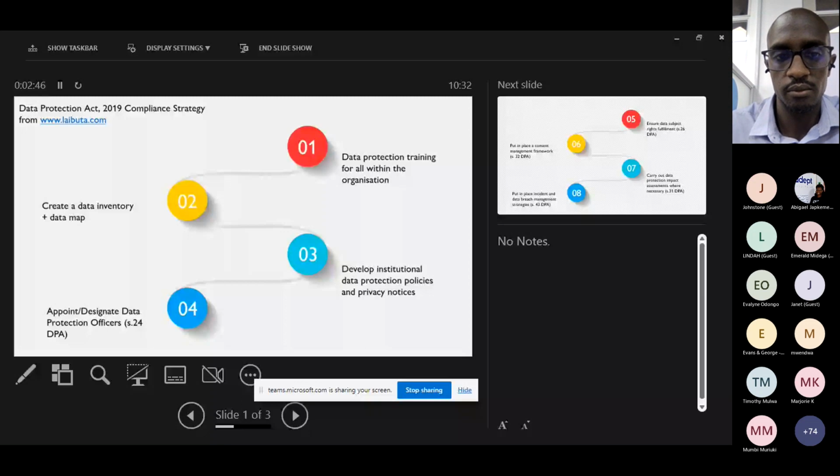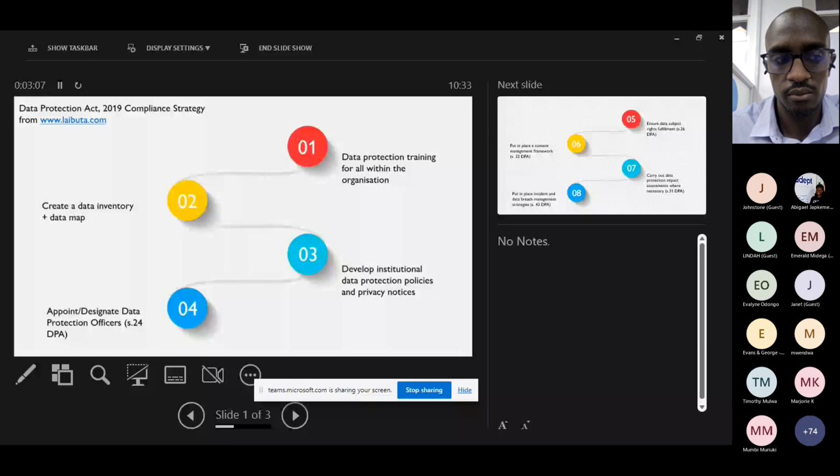The second thing that is critical is that you create a data inventory. As you create a data inventory and as you carry out this data training, there are different assessments you can do to assess the level of maturity of compliance of your organization. One, you can carry out a privacy assessment.